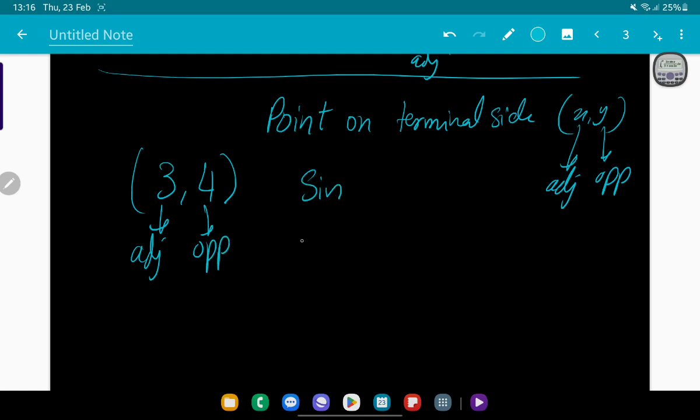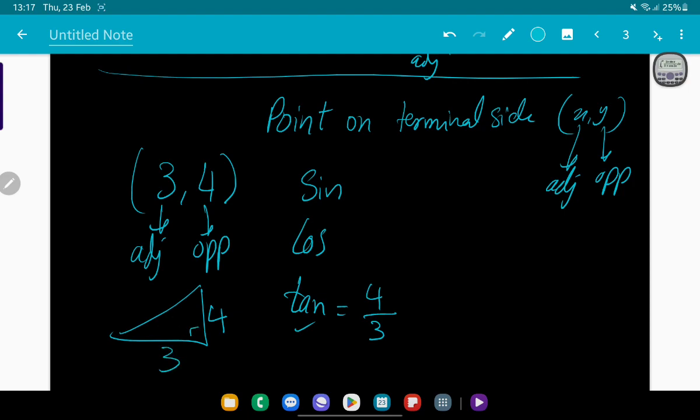So if I ask you about sine, cosine, or tan, you should answer me quickly. So tan is opposite 4 over adjacent 3. But can you figure out the hypotenuse? 3 squared plus 4 squared, which is 5. Now you have the hypotenuse is 5. So sine is 4/5, cosine is 3/5.